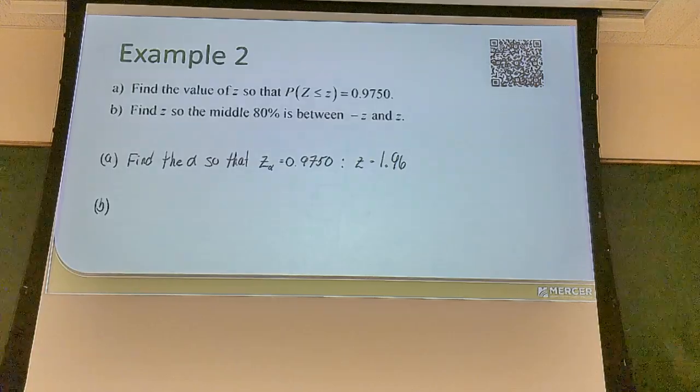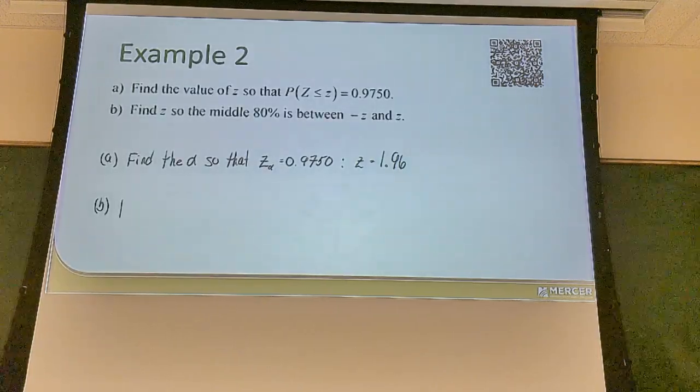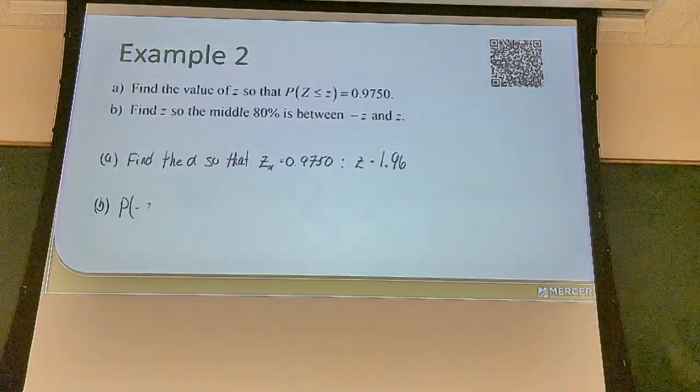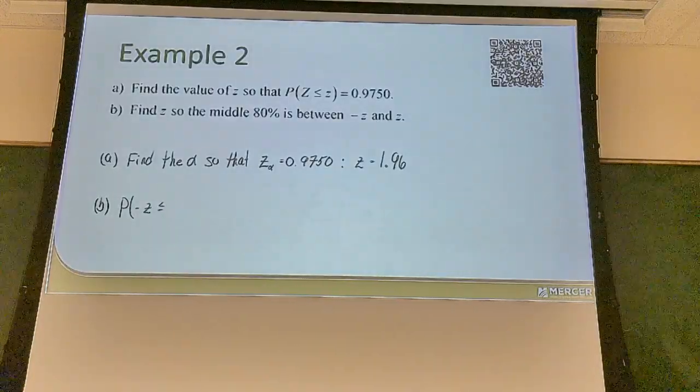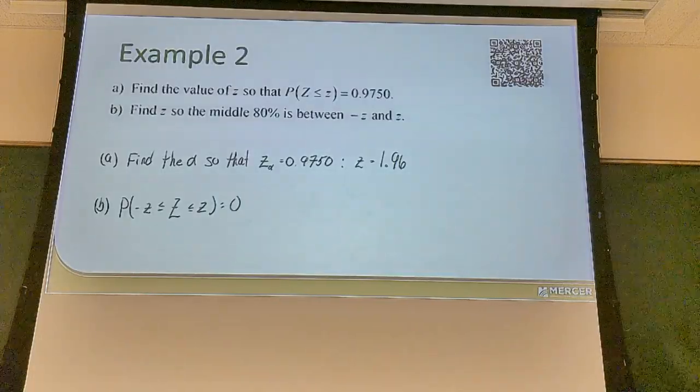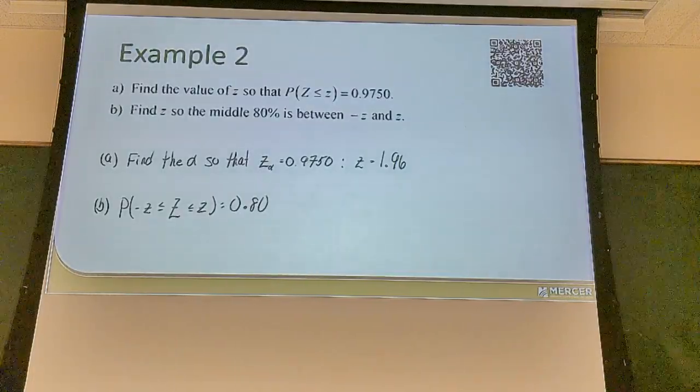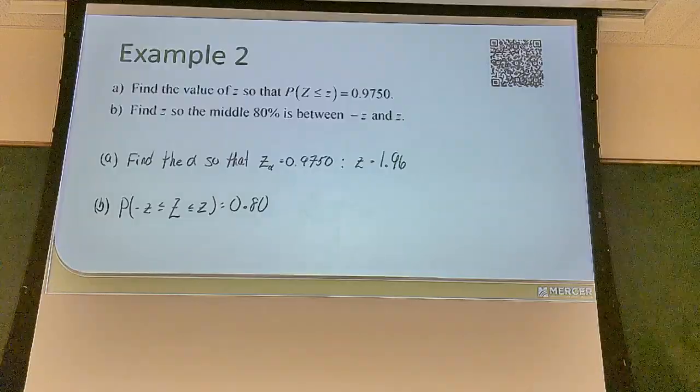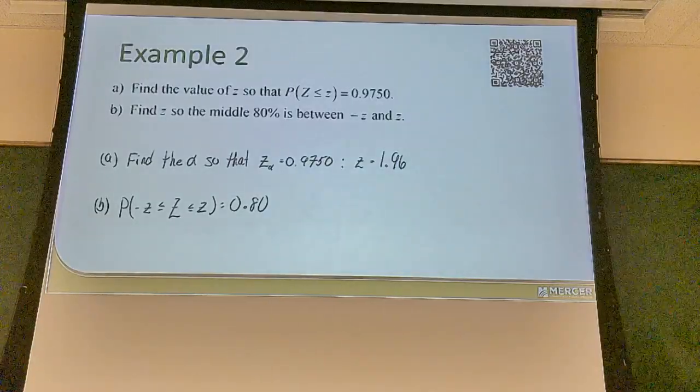Find z, so the middle 80% is between negative z and positive z. We want to find the z that makes that true, right?